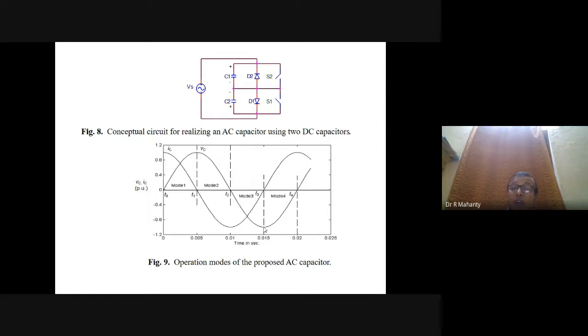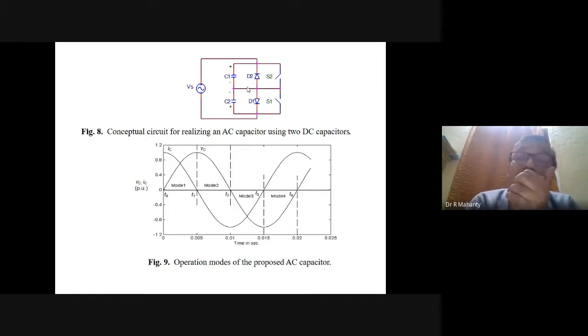Now we are turning on switch S2 at the beginning of mode 4 to discharge this capacitor voltage of C2, and at the end of this mode, at T4, this capacitor is fully discharged. So in this way, using two capacitors C1 and C2, two diodes D1 and D2, and two switches S1 and S2, we are getting the behavior of an AC capacitor.